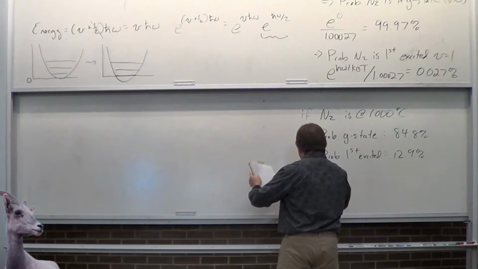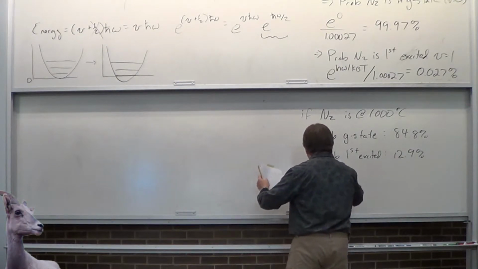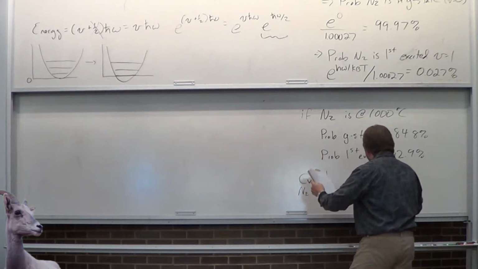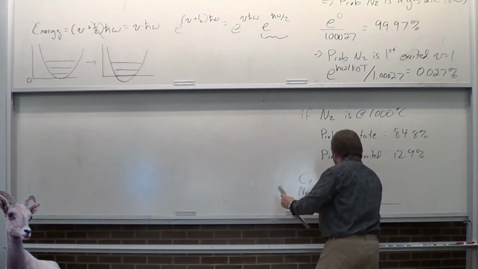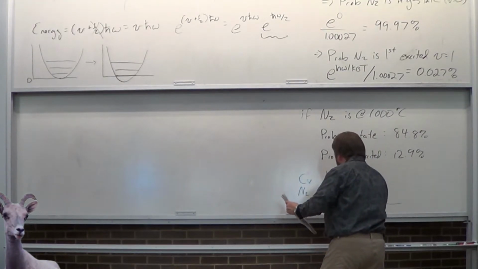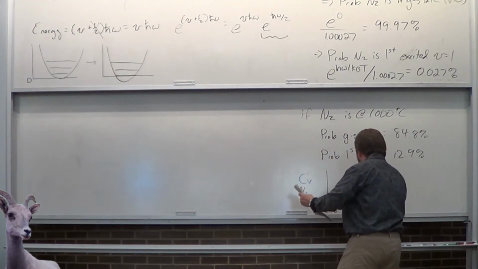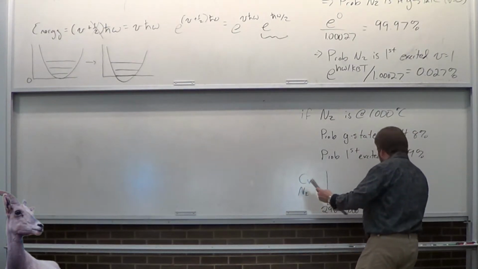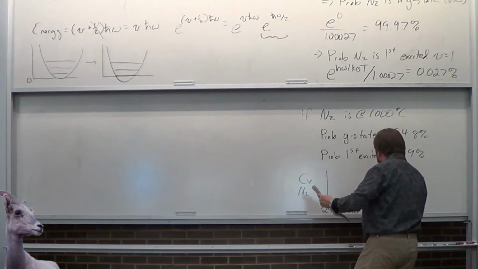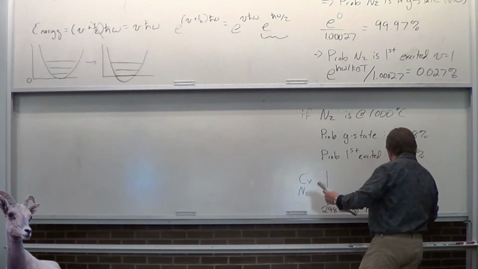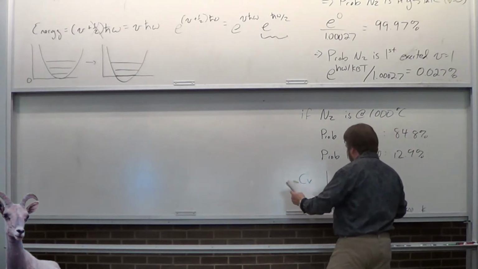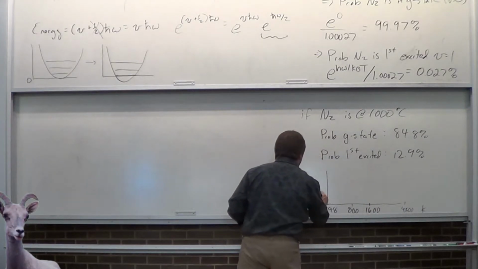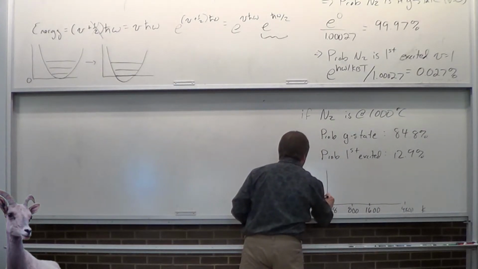If you look at the heat capacity of N2, I can't remember if this is CP or CV. When you look at room temperature, 298, about 800. And these are in Kelvin, of course. About 1,600. And then around 4,800. I don't know if I'm really on the scale here. You get 29.2.